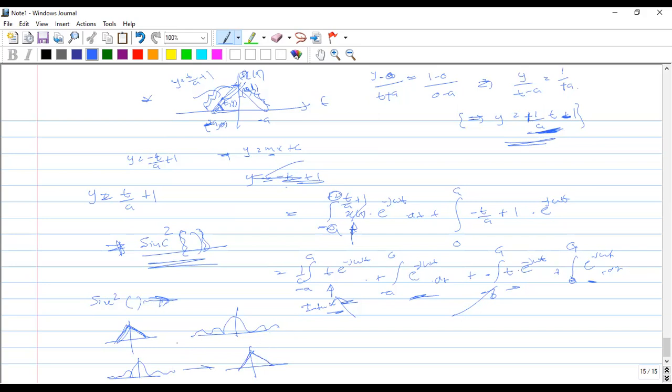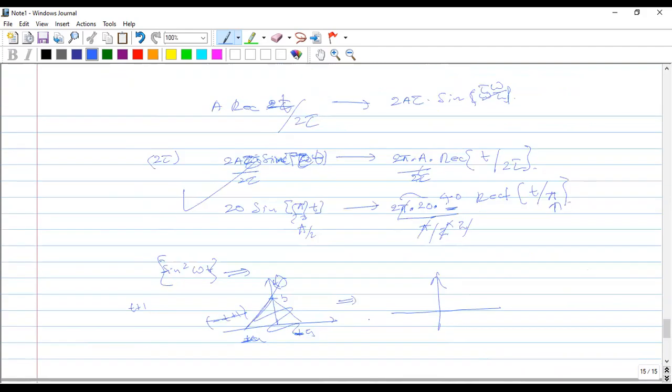So using the duality property, this result comes. You can first try to find this kind of triangular function and try to find the Fourier series. You should be able to do it because this integration we have done many times, integration by parts and applying the limits. Then you can do it like we have done in this domain.